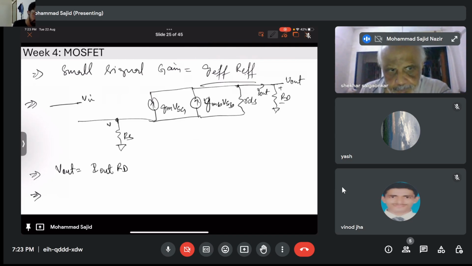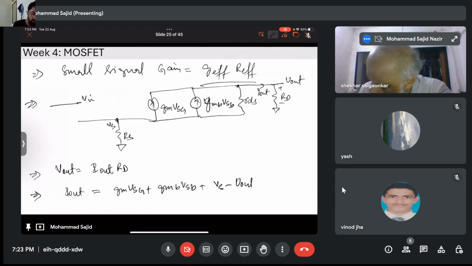This is your Vs. Your I output is like this. It will be Gm Vsg plus Gmb Vsb plus Vs minus V output by Rds.